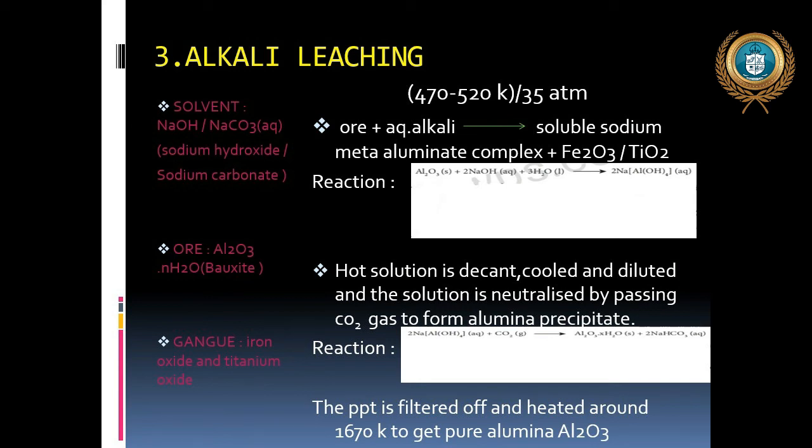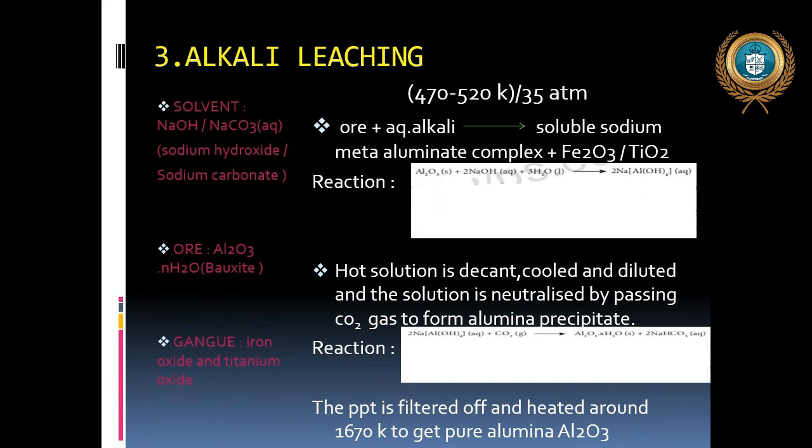So we have to remove the impurities and the soluble sodium meta-aluminate separately by decantation, and after decantation we have to cool and dilute the solution. That should be neutralized by passing carbon dioxide gas to form the alumina precipitate. So it is in the form of a precipitate. We have to get the pure alumina. We have to get a pure metal.